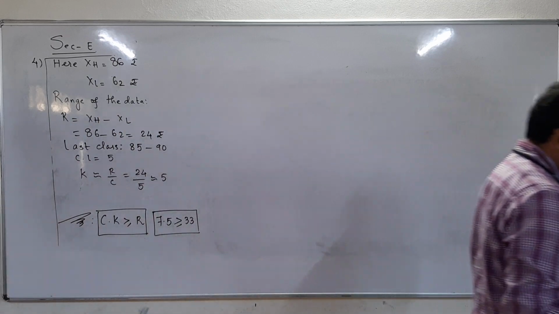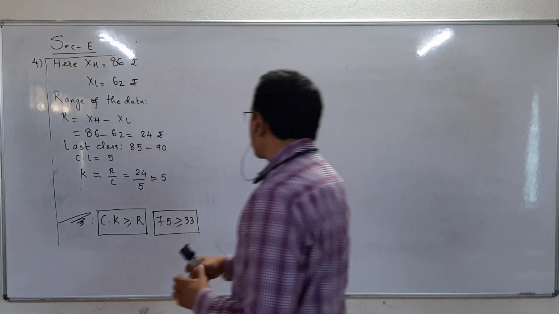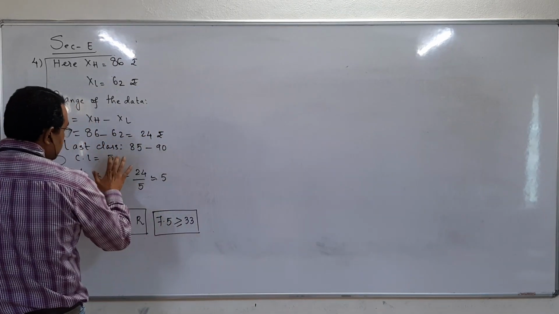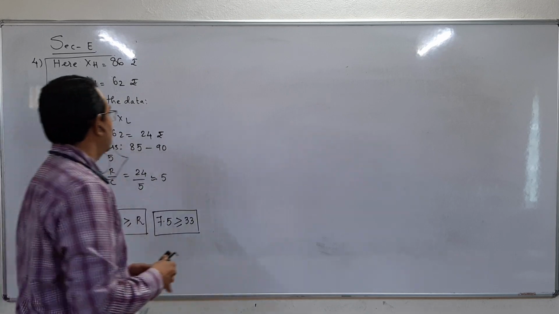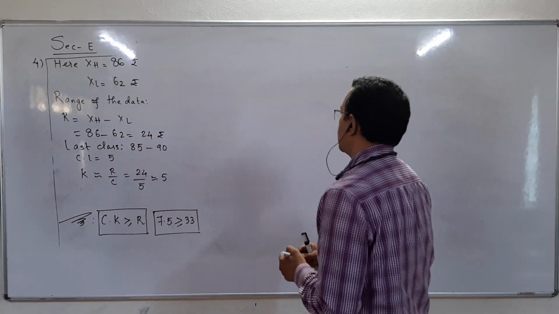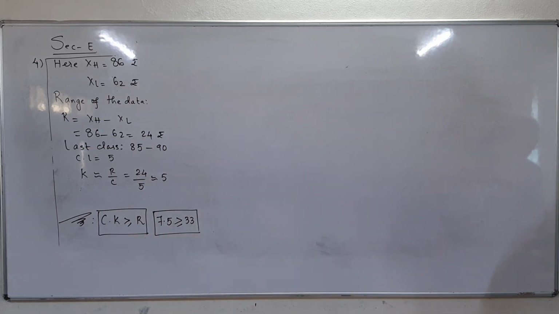But let us check here: the minimum observation is 62, so if I take even 5 classes, it is correct. Even if I take 6 classes, it is also correct, because they have told that the last class must be from 85 to 90. Okay, so let us give the title: exclusive continuous frequency distribution of price of an item at 50 different shops.